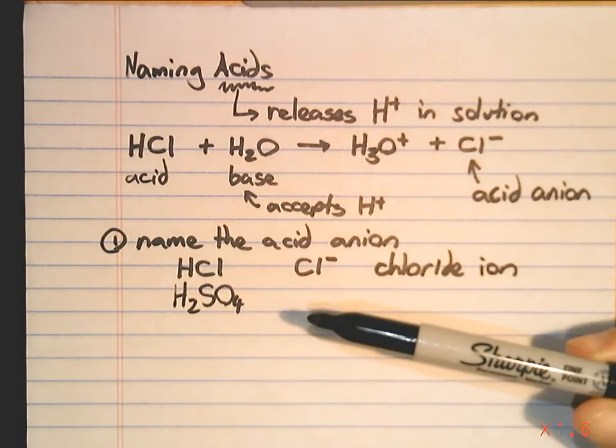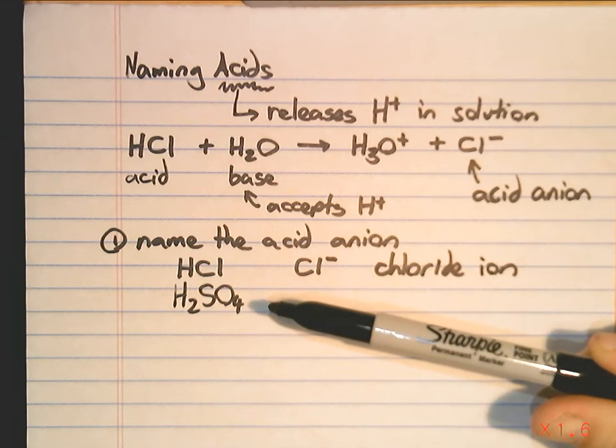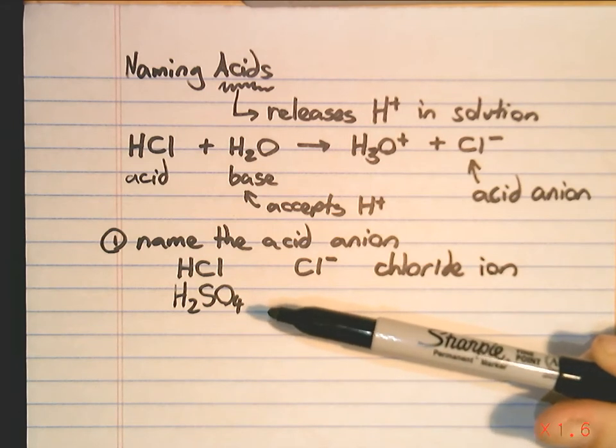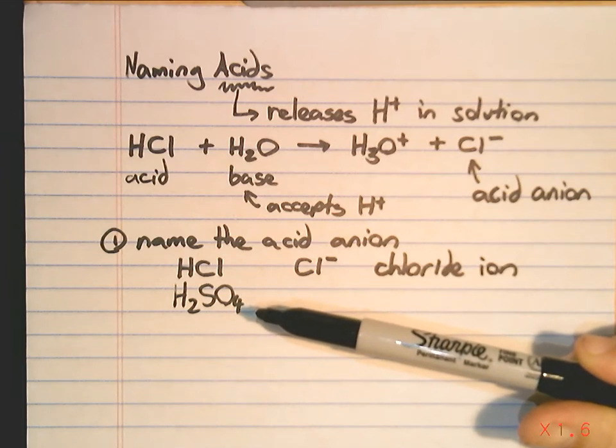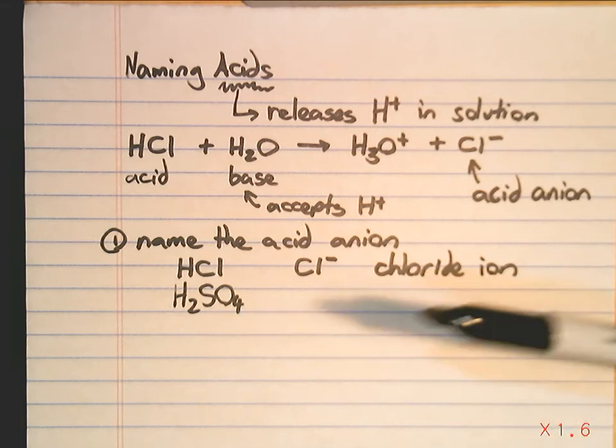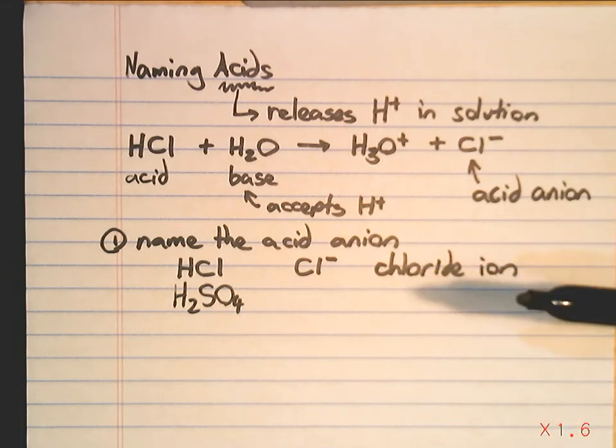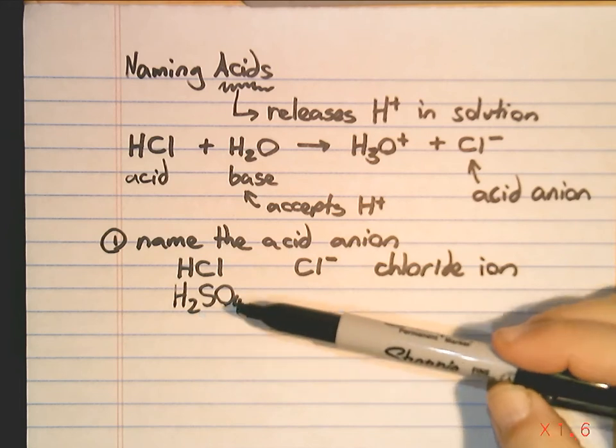What about this one? What's the ion that's inside? Now, you should recognize from the polyatomic ion list that you've memorized, right? That this is a sulfate ion that's inside here and that it has a -2 charge. But suppose you didn't memorize that. You still could work it out.